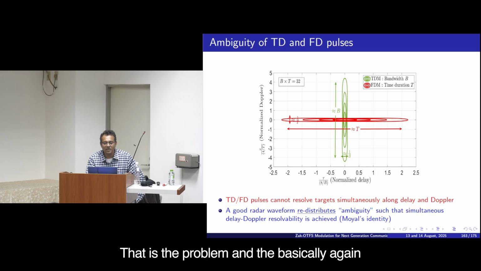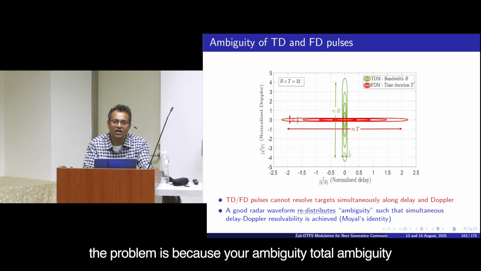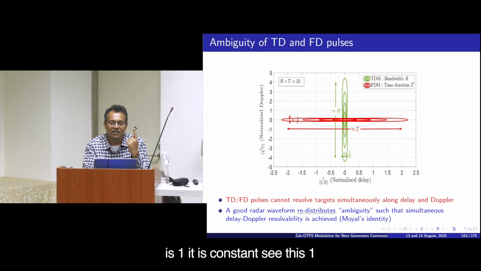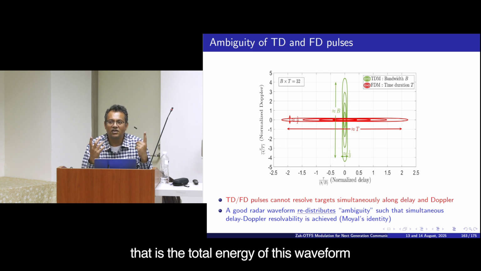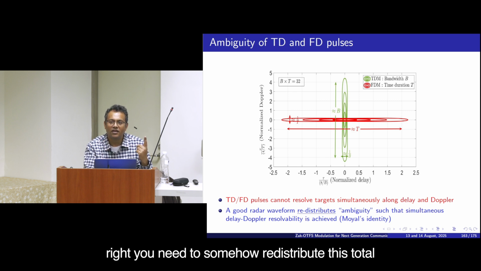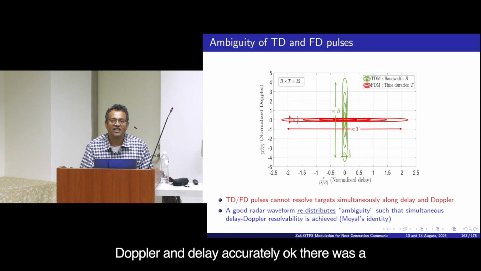That is the problem, and basically again the problem is because your total ambiguity is 1, it is constant. See, this 1 over T multiplied with capital T is 1, that is the total energy of this waveform, right. You need to somehow redistribute this total ambiguity, so that you can simultaneously estimate Doppler and delay accurately, okay.